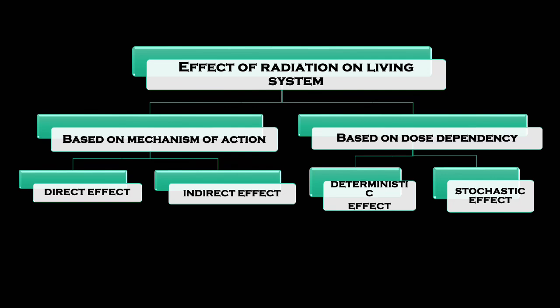Because our bodies are made up of a large amount of water, the radiation first attacks the water molecules, thereby causing a change in the biological molecules and free radical release. Based on dose dependency, there are two types: deterministic effects and stochastic effects. We'll get to these in detail later in the slides.